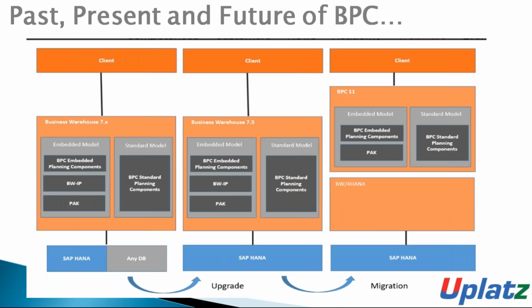So here, if you see the version changes and the impacts on each version, the architectural difference is the major impact in BPC. According to the functionalities, if you learn the 7.0 MS version or NetWeaver version, you can see the same functionalities in 7.5, 10.0, 10.1, and 11.0 as well.